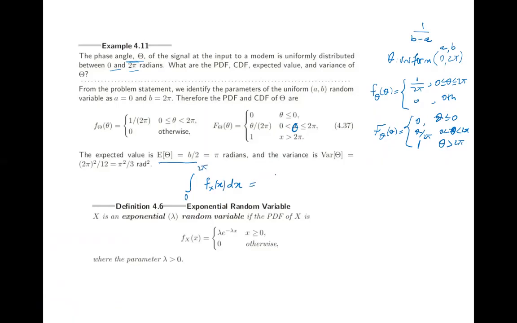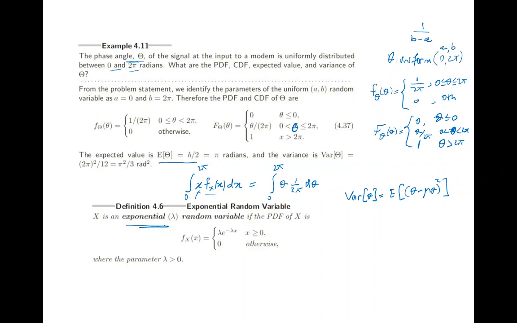So we just take this integration from 0 to 2 pi of theta times 1 over 2 pi d theta, which is pi. And the variance of theta is the expectation of theta minus mu theta squared. We have already described this in a previous lesson.